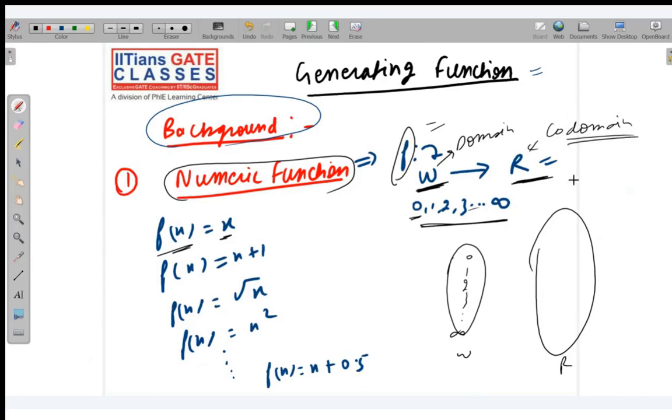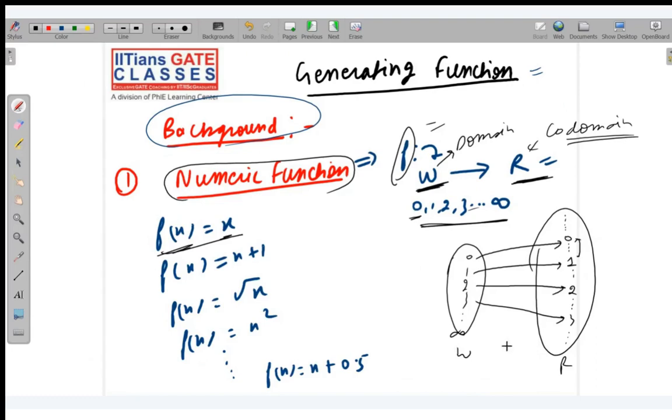And anyway we will study that in set theory also. So this is the real number set. Here you will have some negative real numbers, and then we have 0, and then 1. Between 0 and 1 we have infinite real numbers, and then we have 2, and then 3 dot dot dot like this. So f(x) = x means 0 is mapped to 0, 1 is mapped to 1, 2 is mapped to 2, 3 is mapped to 3, and so on.